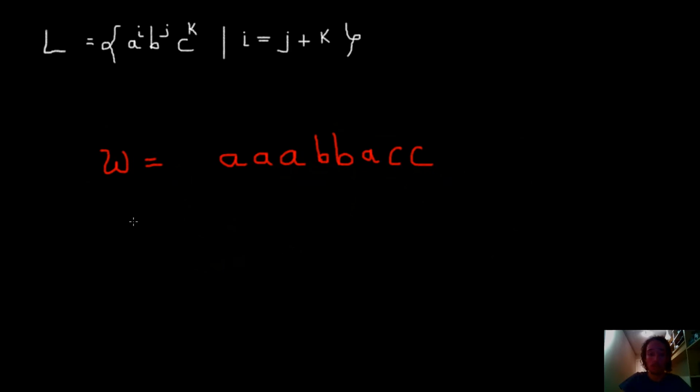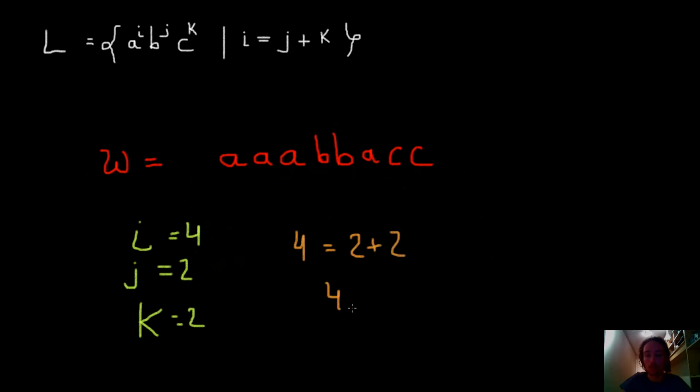So you will see that we have a total of 4 A's, so i is 4. We have a total of 2 B's, so j is 2. And we also have a total of 2 C's, so k is 2. So now if we go to the equation, we have 4 is equal to 2 plus 2. So we have 4 is equal to 4.